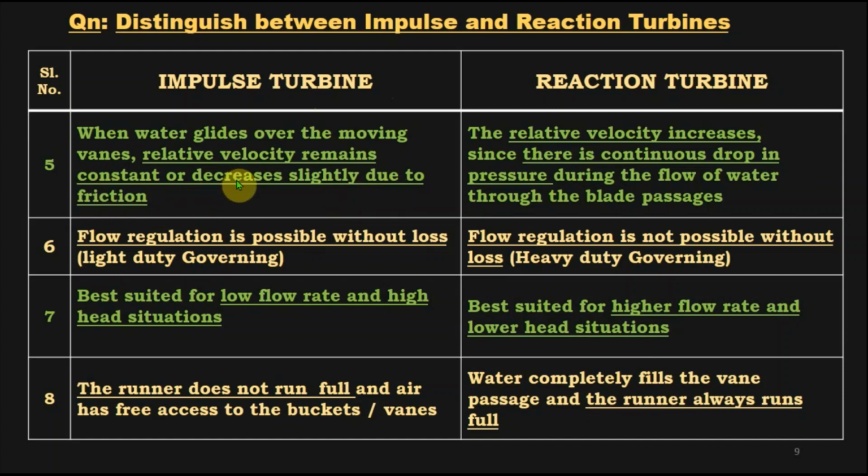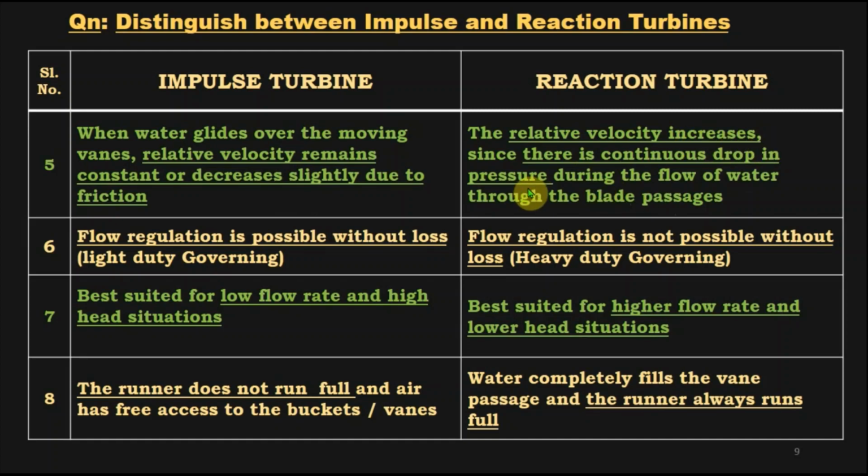You know that VR2 is equal to K times VR1 in an impulse turbine, where K is the blade surface friction coefficient, the value of which is from 0.8 to 0.9. So theoretically, the relative velocity remains constant in an impulse turbine, and practically it decreases slightly due to the blade surface friction. But in a reaction turbine, the relative velocity increases as it flows over the runner vanes.